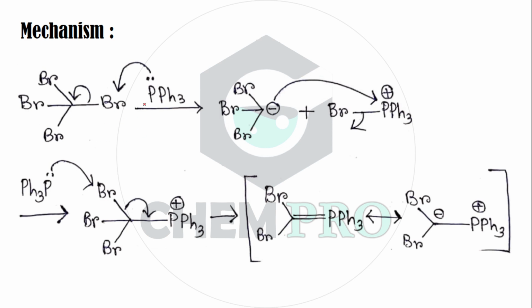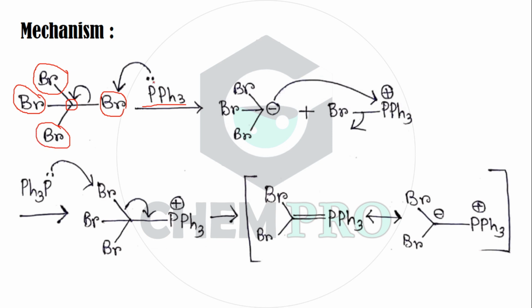At first the PPh3, that is the potent nucleophile, attacks the bromine and makes it an anion. So let me first introduce that there are two electrophilic centers, okay, this bromine and the carbon, but this PPh3 is a bulky group and it will attack the bromine because of the bulkiness of the four bromines and the bulkiness of PPh3.